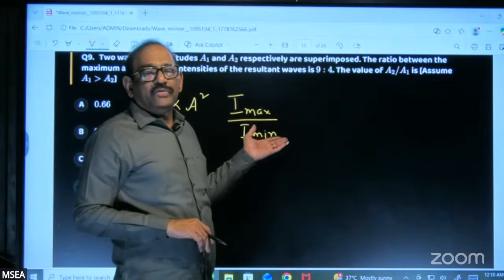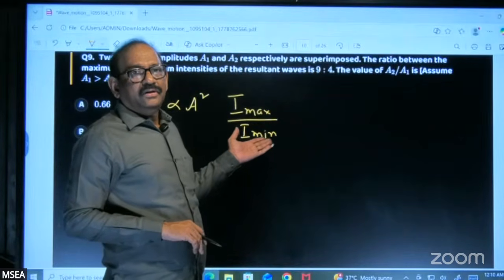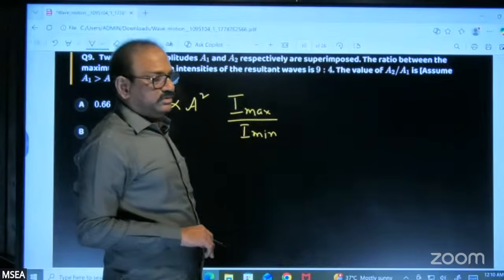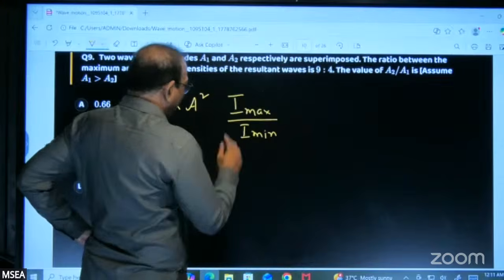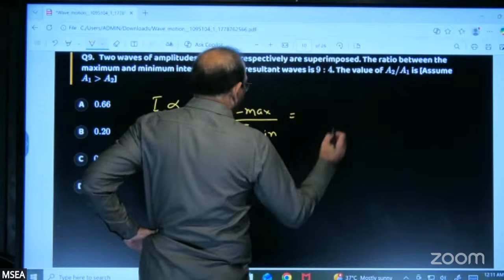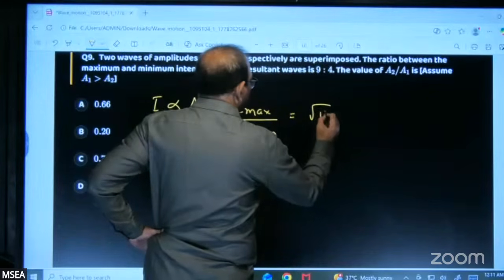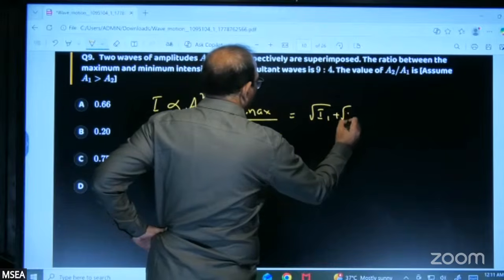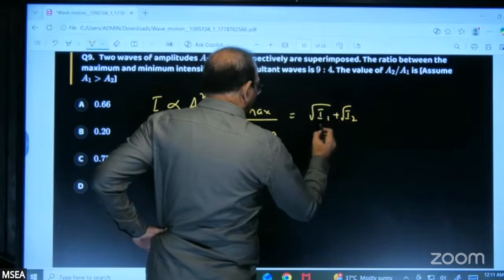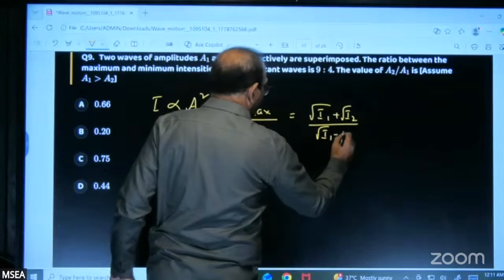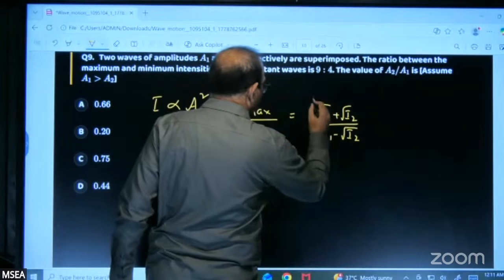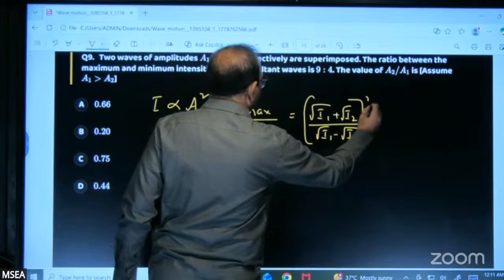This type of question you will get even in wave optics, Young's experiment. There also you'll get Imax by I minimum equal to root I1 plus root I2 by root I1 minus root I2, whole square.